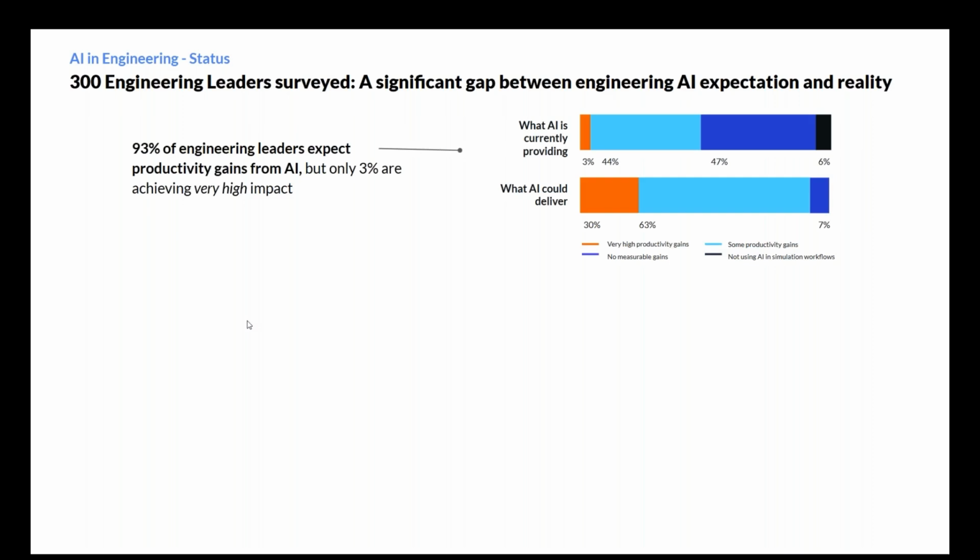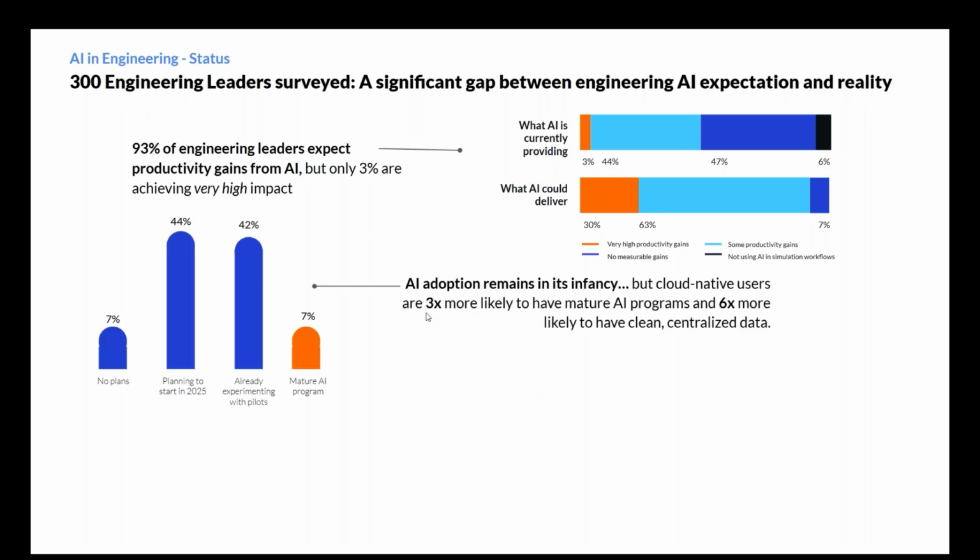And that is that a large majority, 93%, of engineering leaders expect productivity gains from AI, but only 3% are actually seeing very high impact of AI on engineering processes today. So the full potential is certainly nowhere near being touched today.